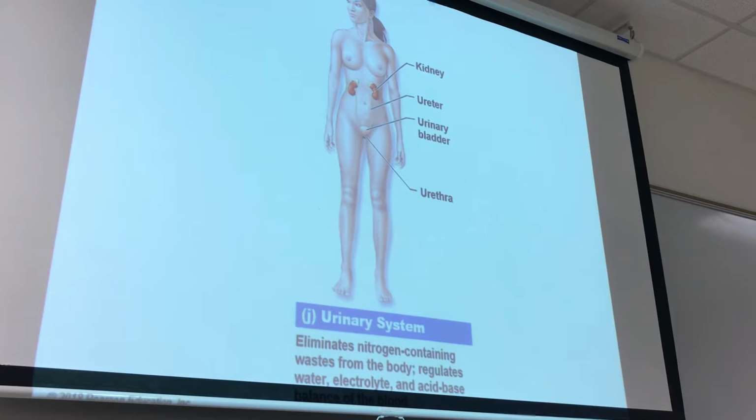That urine, once produced by the kidneys, will be transported to the bladder via 2 tubes called our ureters, which connect the kidney to the bladder. Our bladder is nothing more than a holding vessel. It stores urine until such a time as enough urine is produced that we feel the urge to pee. Our bladder stretches, enough pressure gets placed upon our bladder that you feel the urge to urinate.